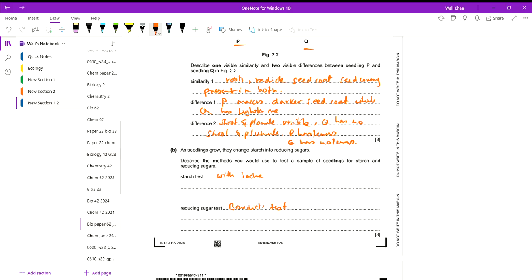Test for starch. Boil seedling in water to remove chlorophyll.